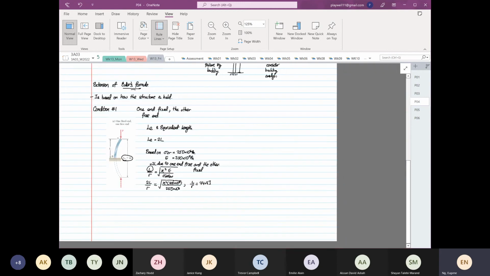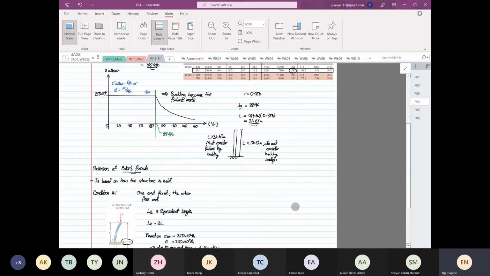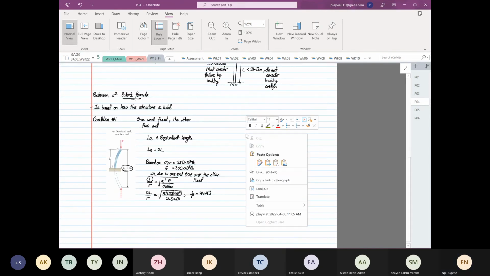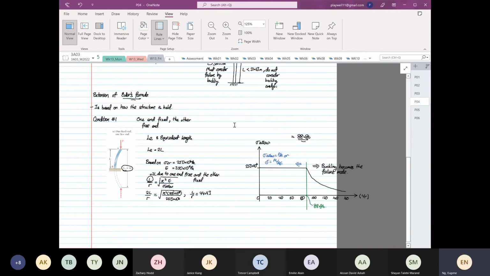Now what does this actually mean? Okay, so I'm going to copy this graph over here, and paste it over here, get rid of some stuff.